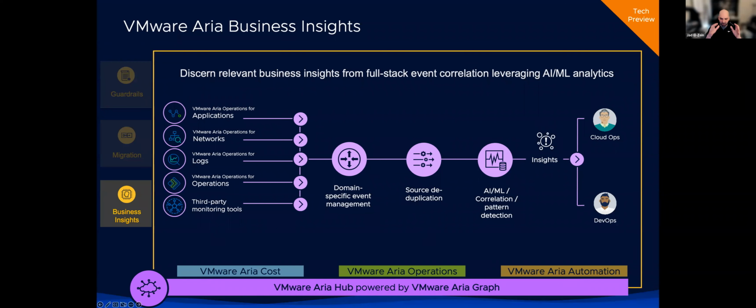Now, if I was a domain specialist working in a domain bubble and all I cared about was deep network visibility, Network Insight is my go-to tool. Absolutely, right? It'll have unique alerts, unique events, and I can quickly go in there and track down the problem, look at my traces, my net flows, and drill in and solve the problem. But my operations folks also saw that alert.